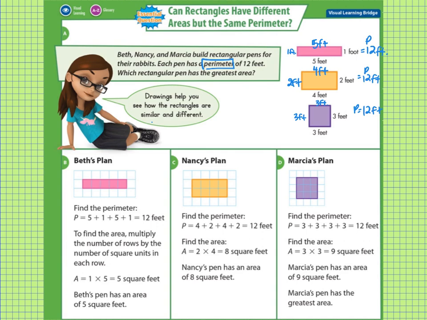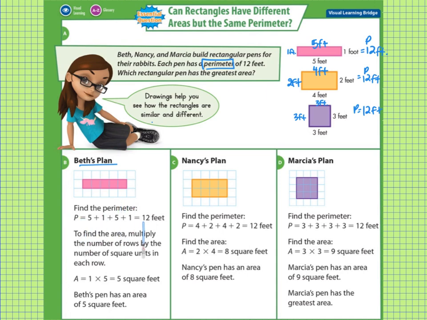All right, so let's first take a look at Beth's plan. So Beth's plan looks like this pink shape down here, and we already know, looking up at the top here, that her perimeter is 12 feet, just like everyone else's, but this side is 5, because I can see 1, 2, 3, 4, 5, and this side right here is 1.